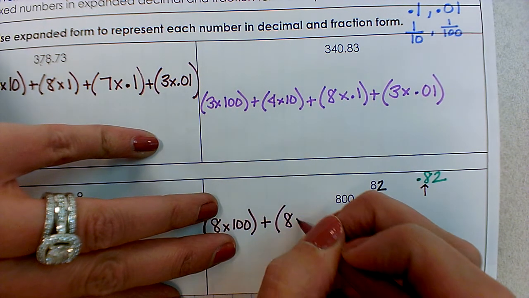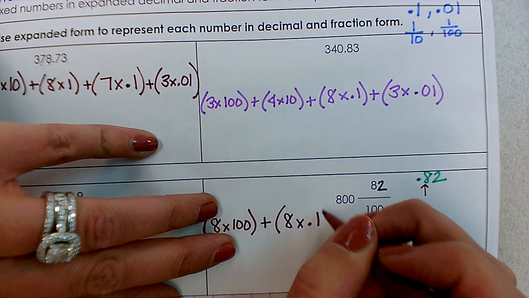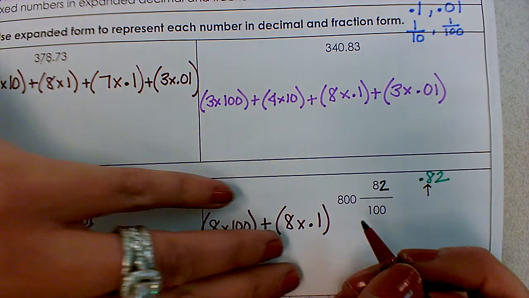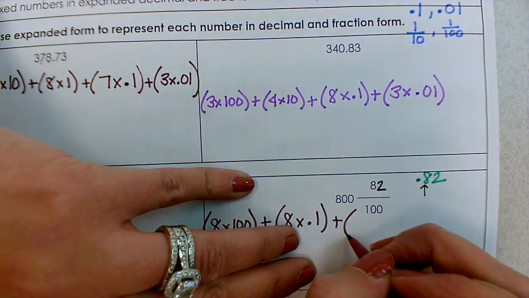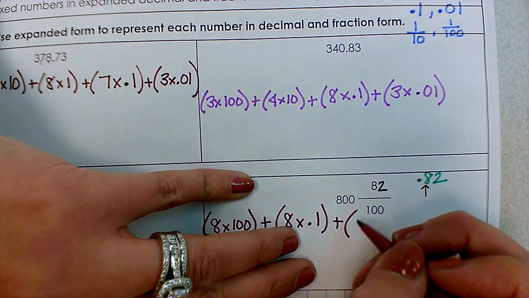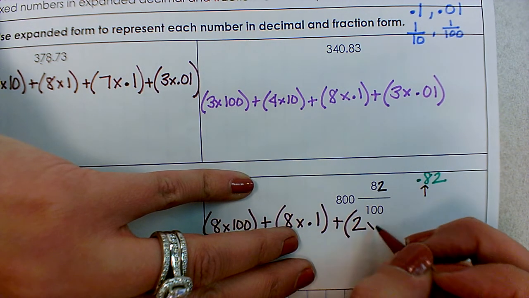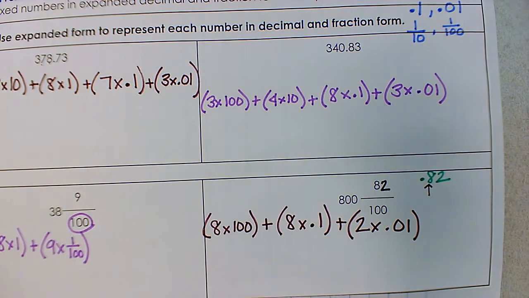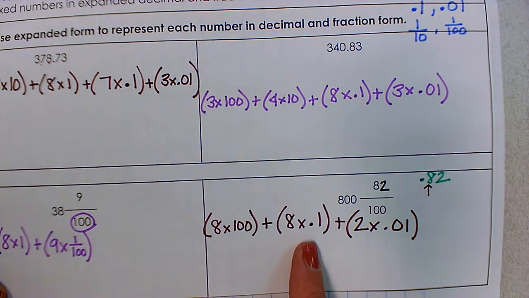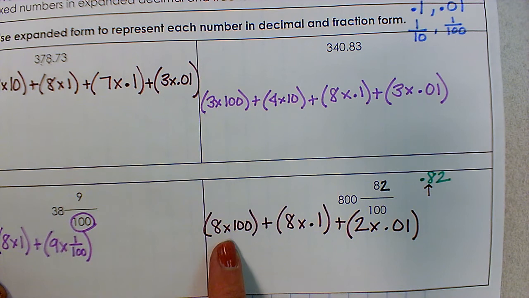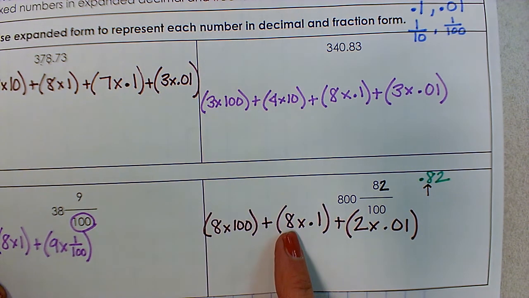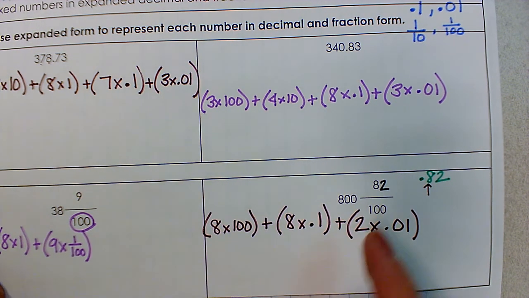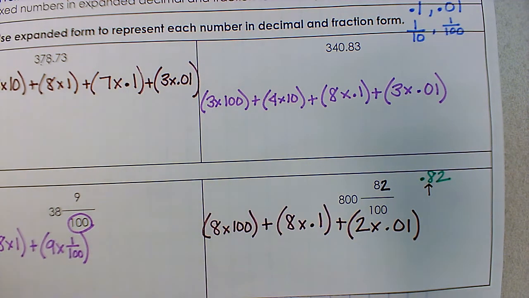So I'm going to say 8 times 1/10 is next. And then I can add how many are in the hundredths, and it would be 2 times 1/100. Because when I put all of these together as a number, I have 800, and there's an 8 in the tenths and a 2 in the hundredths, which equals 82 hundredths.